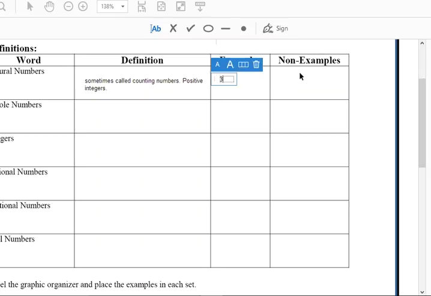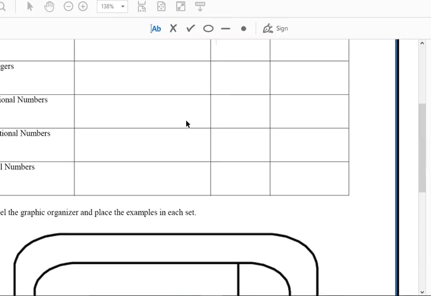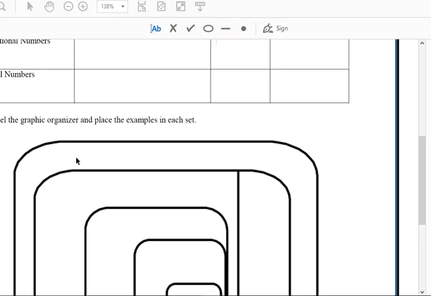You may provide more than just one example, but just as an example here, we will do that. And then a non-example. After we've completed that whole area, we would move on down here to do our graphic organizer.